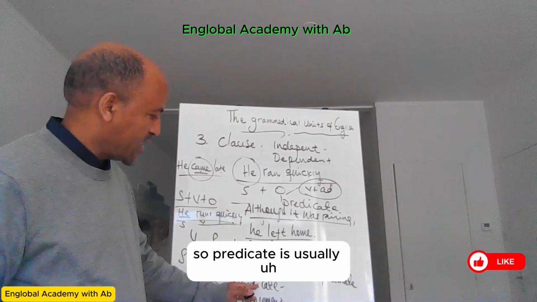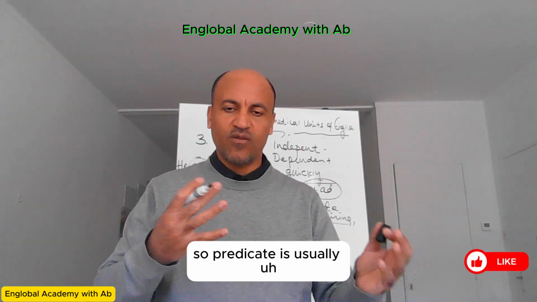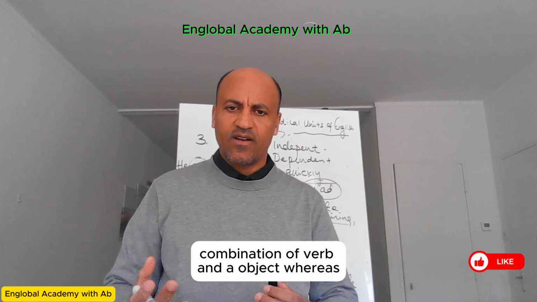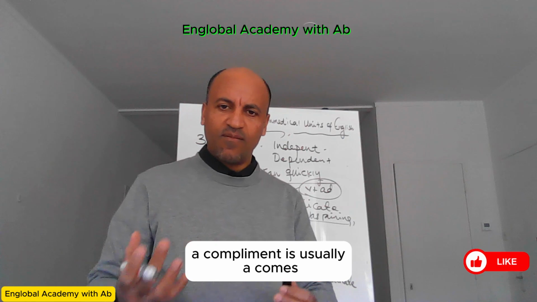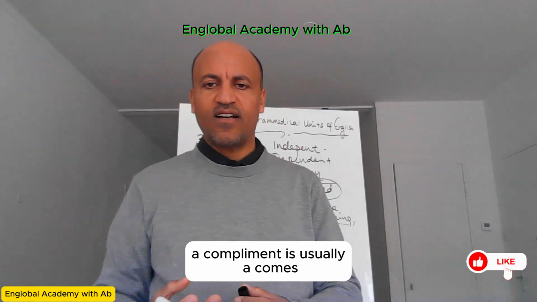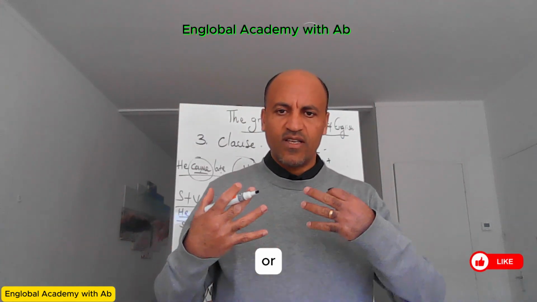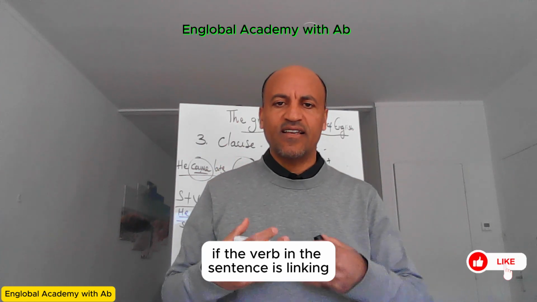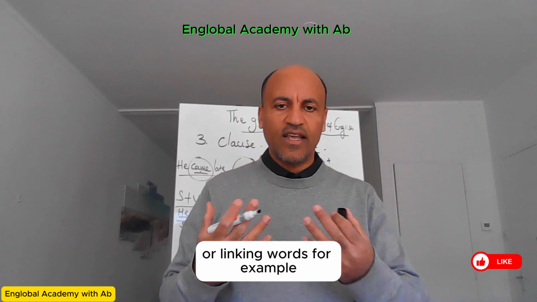So the predicate is a combination of verb and object, whereas a complement usually comes if the verb in the sentence is a linking verb.